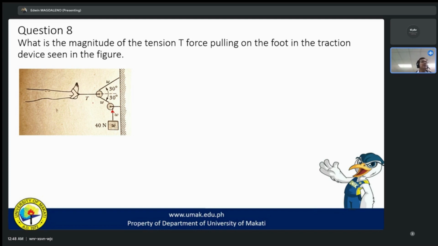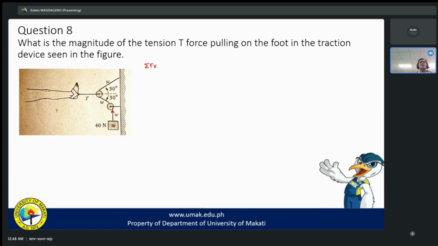So solving for this, we have the summation of forces along the x. So let's try to solve this. The summation of forces along the x on this pulley. Kasi yun lang may kinalaman sa tension.